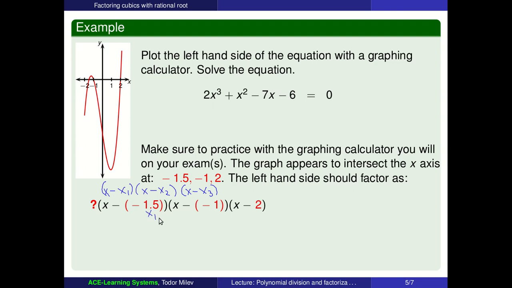This is x1, this is x2, and this is x3. Actually, the left-hand side should factor as the leading coefficient a0 times x minus x1 times x minus x2 times x minus x3. So the left-hand side should factor as 2 times x minus x1 times x minus x2 times x minus x3.